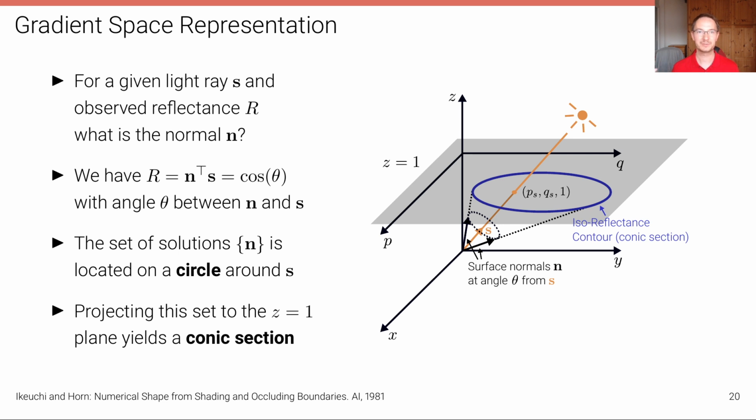So it's relatively clear that we have to end up with a set of solutions. There's no way we can solve the shape from shading problem by just looking at a single intensity and making no other assumptions, even having assumed a Lambertian scene, etc.